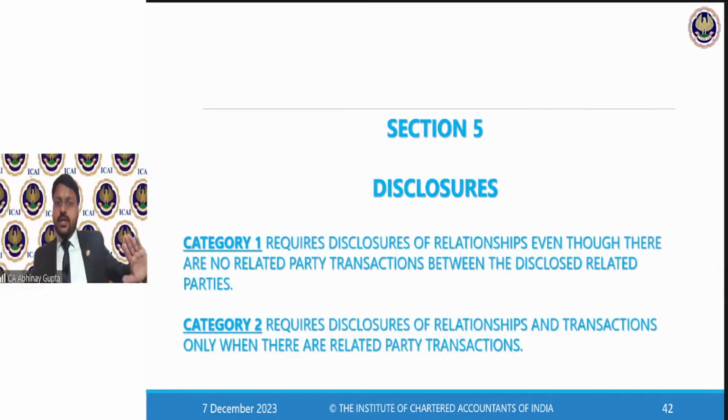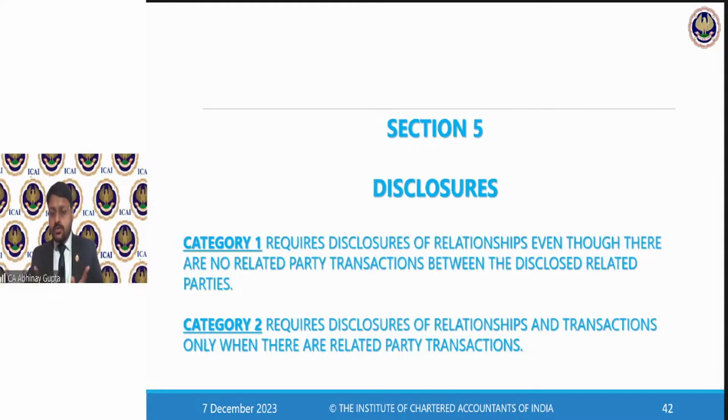So that discussion we have done. We have done numerous practicals around that so that we are clear about the relationships. Now, once we have identified who all are our related parties, then the next step is to identify all the transactions which we have done with them during the year and the outstanding balances as on the date. And then we will start disclosing all those transactions and those outstanding balances in our financial statements, right?